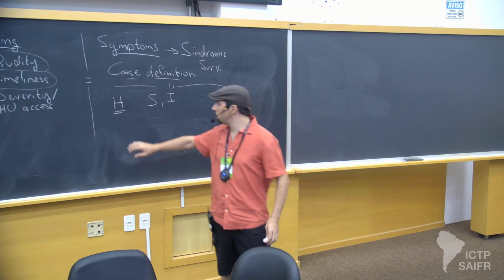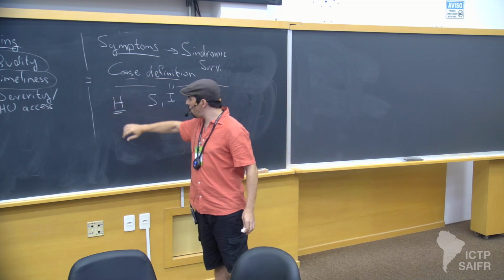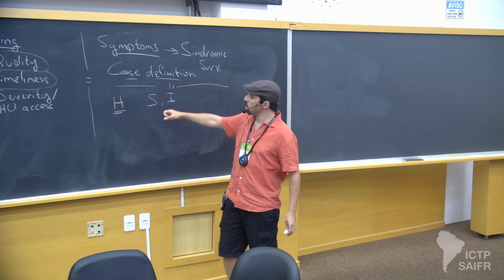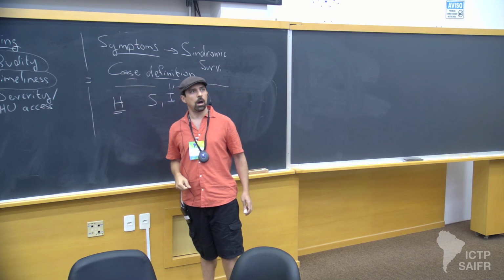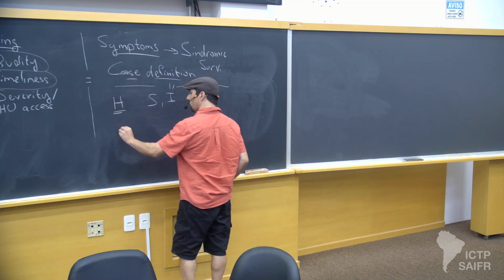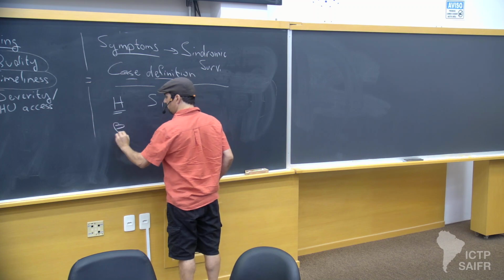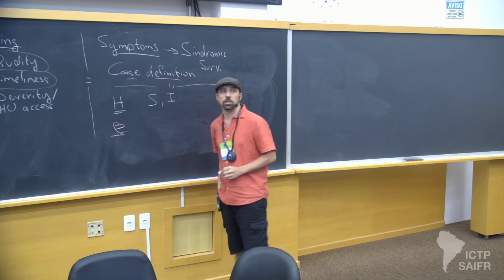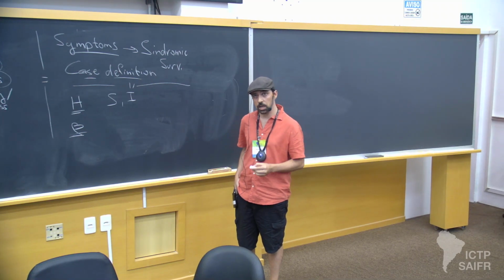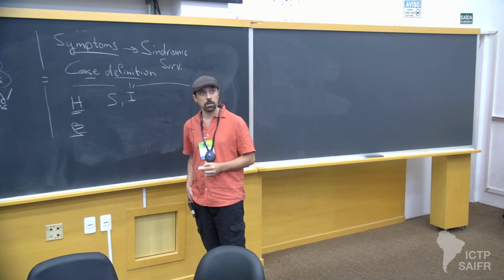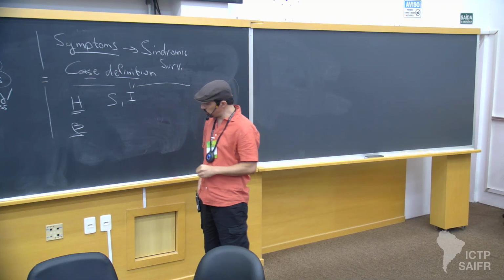So not only are those not all of the individuals, but they are also likely to have a lower beta associated to them, because they are interacting with fewer individuals than those who are not hospitalized.